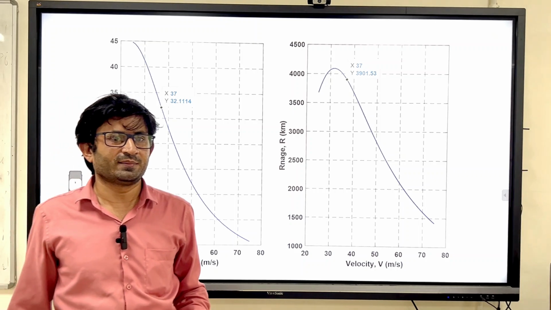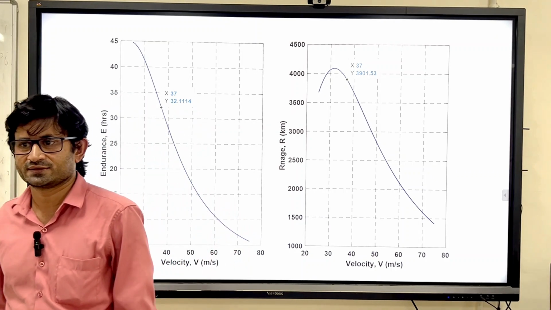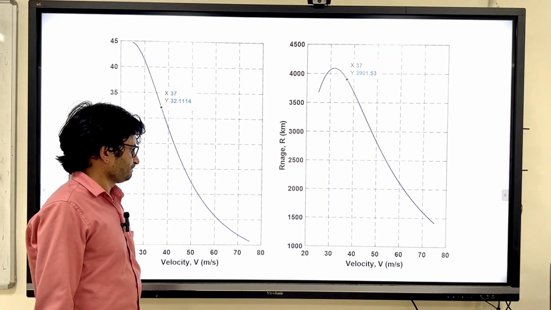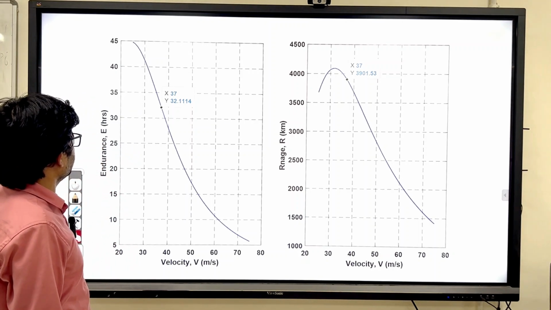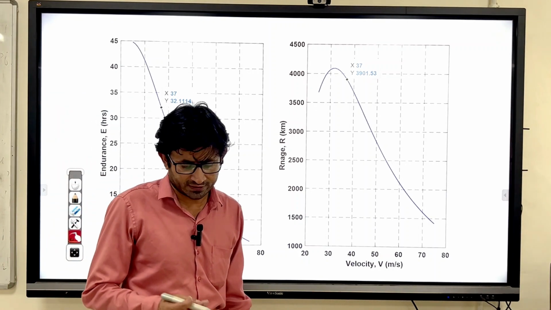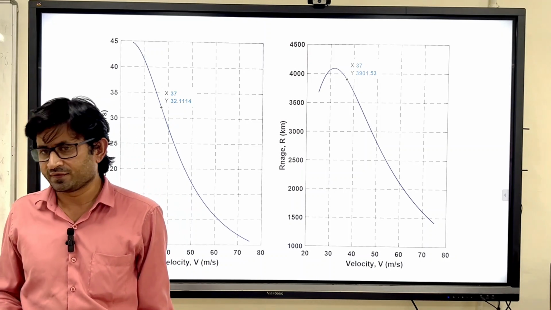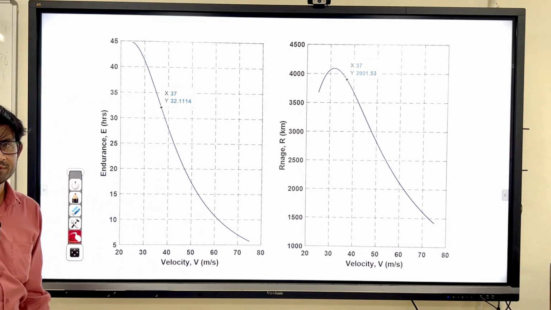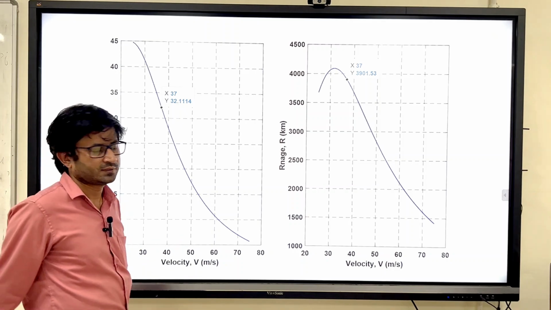And if you go by commercial flight, it will hardly take 3 hours. So it is better for a general aviation aircraft, for a short range it is good. That kind of feel I want to give you as a designer.